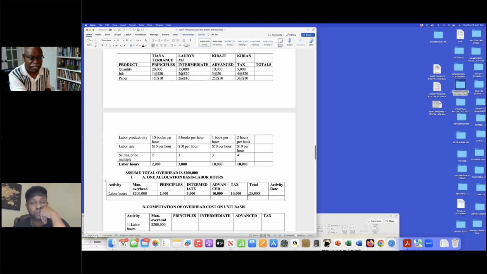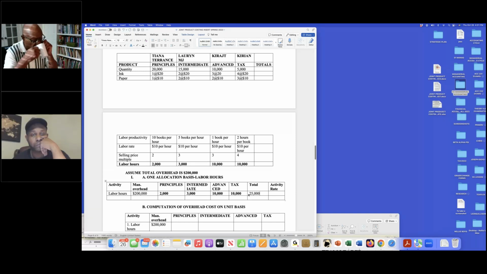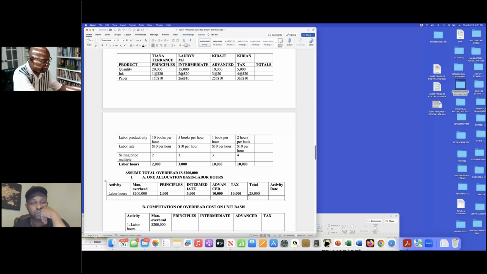What is our activity rate going to be? Is this the part where we divide the 25,000 by 200,000? But just the opposite, 200,000 by 25,000. Oh, I got 8. That's correct.